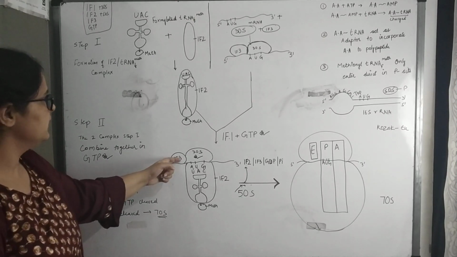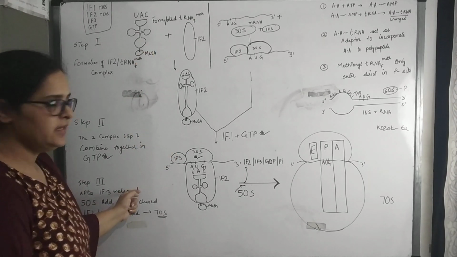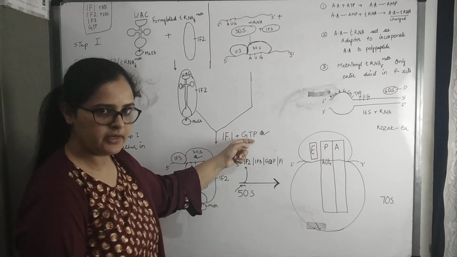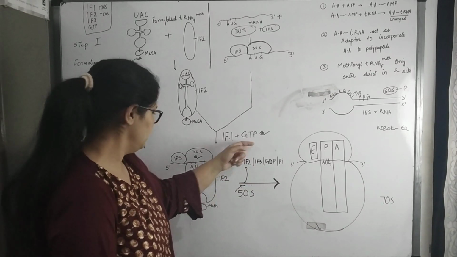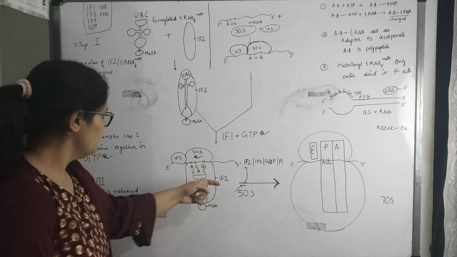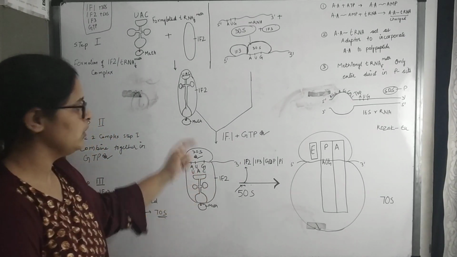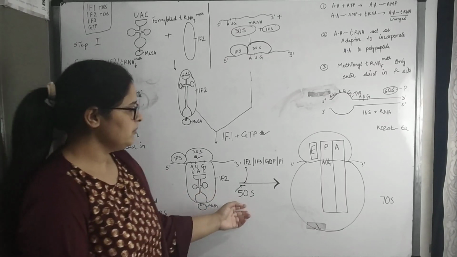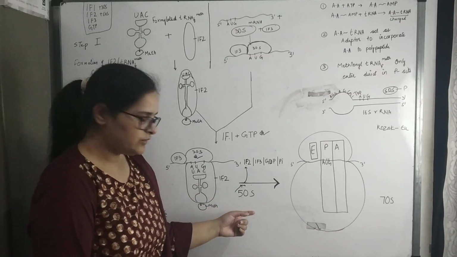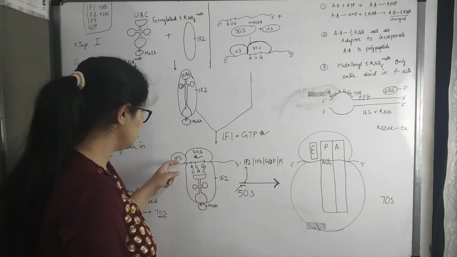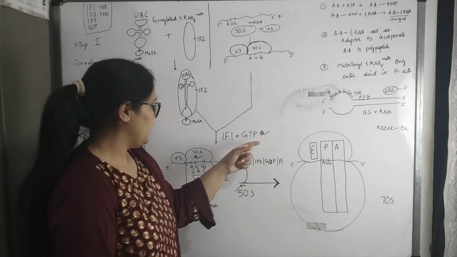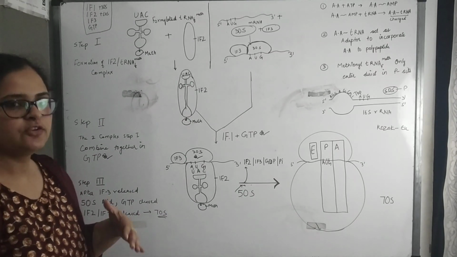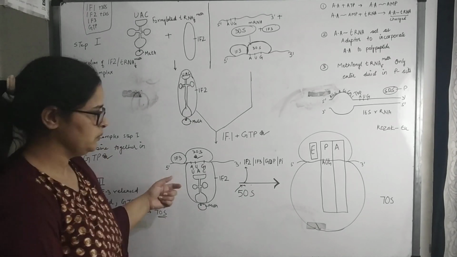IF3 is released, GTP will break down to create the energy, and IF2 and IF1 are also released from the system. So when will 50S come? 50S will come only in one situation, when IF3, 2 and 1 release the assembly which is stabilized in step 2.